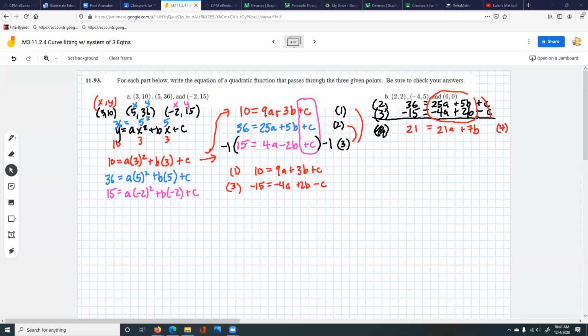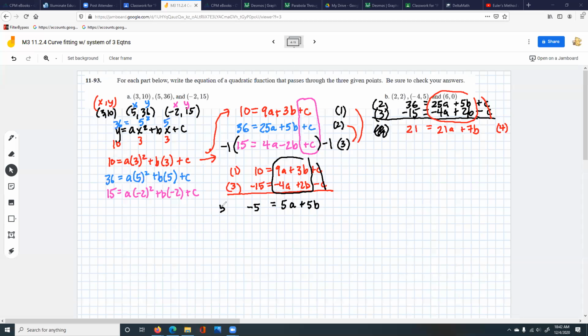That's the third equation multiplied by negative 1. The c's are going to go away. Now I'm just going to get an equation with a and b. So 9a minus 4a is 5a. 3b plus 2b is 5b equals negative 5. Okay, I see that. So this is equation 5, right?